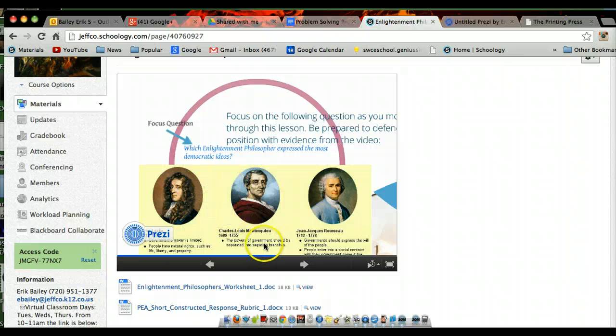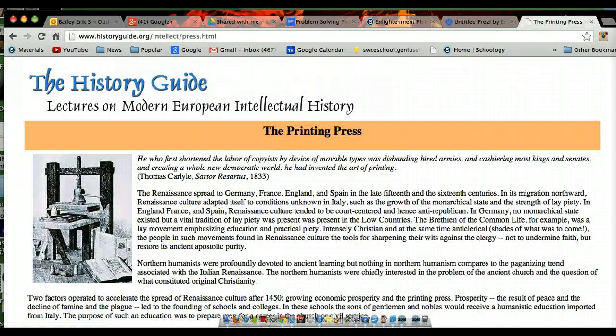You see from the dates that they're born, you start seeing these Enlightenment philosophers in the 1600s, 1700s, around that time. And you might be asking yourself, why all of a sudden, after thousands of years of civilization, are there these Enlightenment philosophers popping up? That could be attributed directly, it's cause and effect, to the printing press.